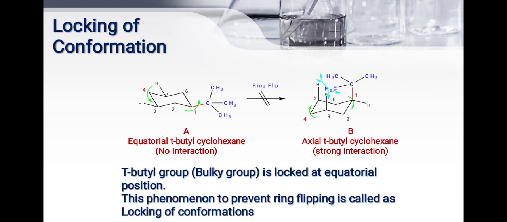Why does it occupy the equatorial position? When this group is present on the equatorial position, there is no interaction, so energy is less or zero, so this is a very stable conformation. But when it is present on the axial position, a very strong interaction is there, so energy is higher, it is less stable. So the prevention of ring flipping takes place, and that is called the locking of conformation.